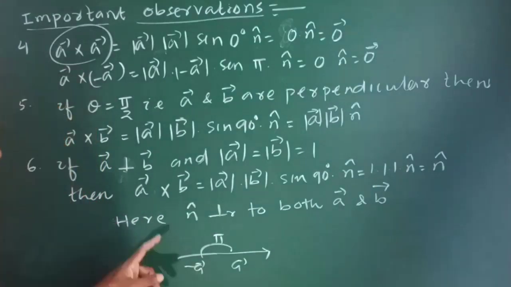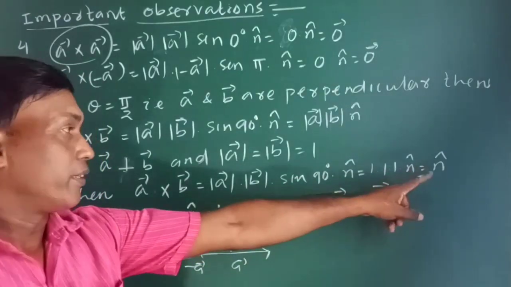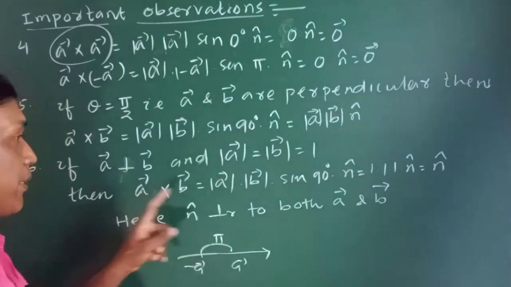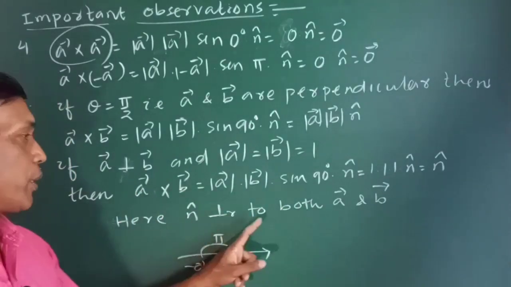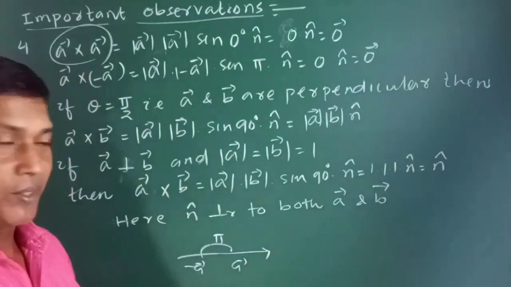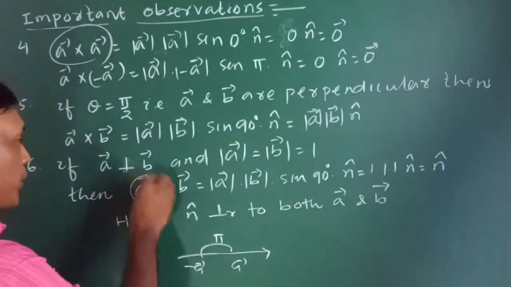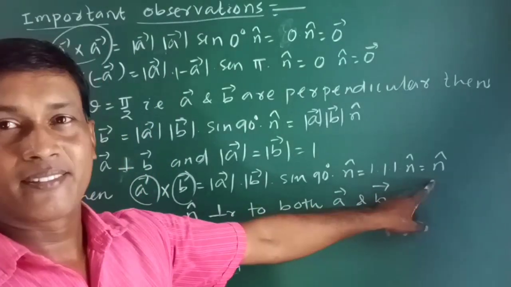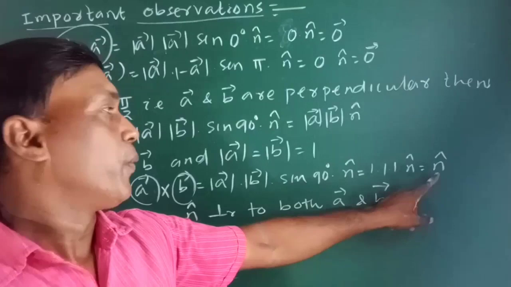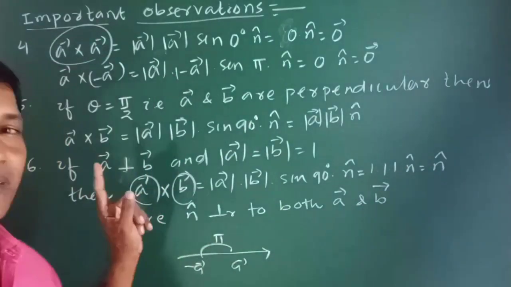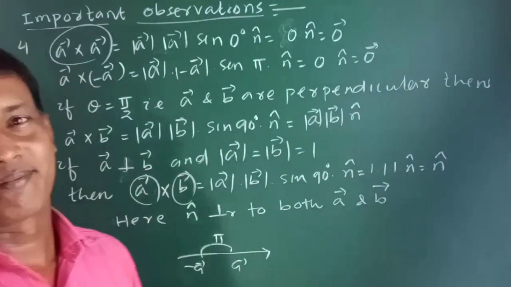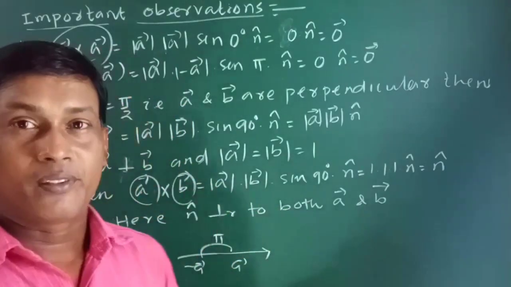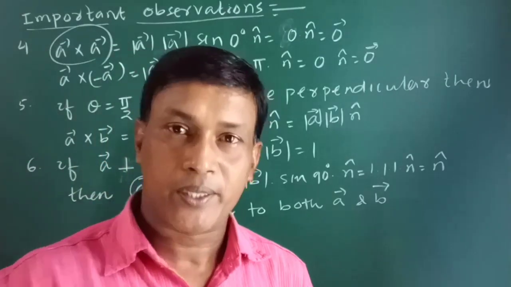So this n cap is the direction of the cross product, meaning it is perpendicular to both A vector and B vector. Look here: the product of two orthogonal unity vectors is again an orthogonal unity vector, which is perpendicular to both the vectors.